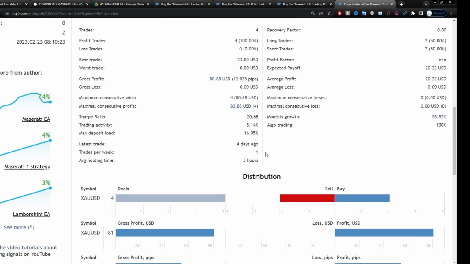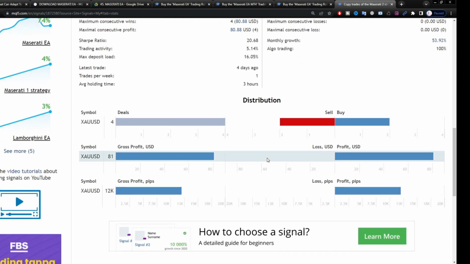You can see here, on average, in one trading week only one transaction is opened. And the average holding time is 3 hours. The pair that runs is only the gold USD pair.